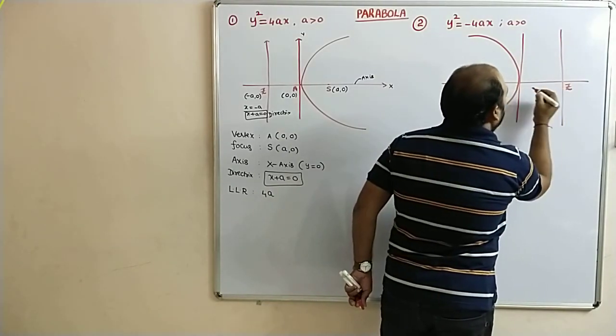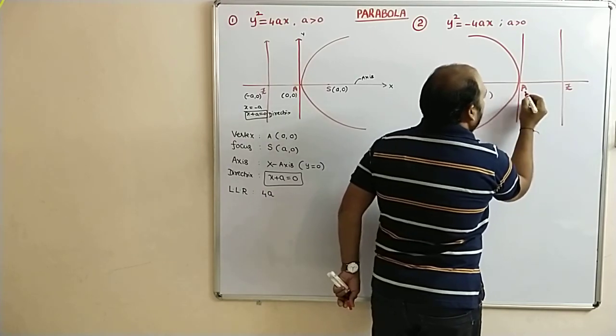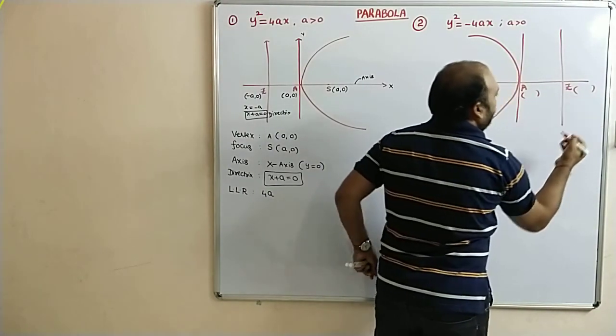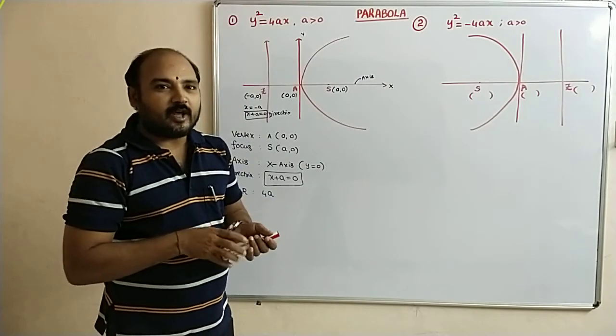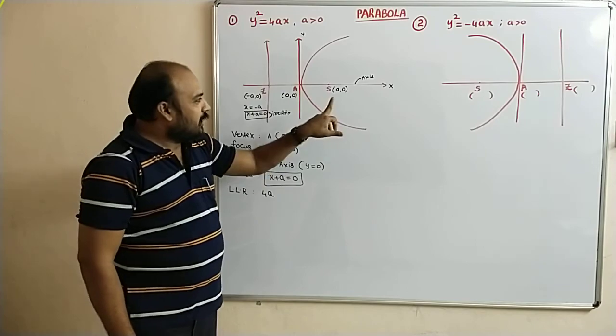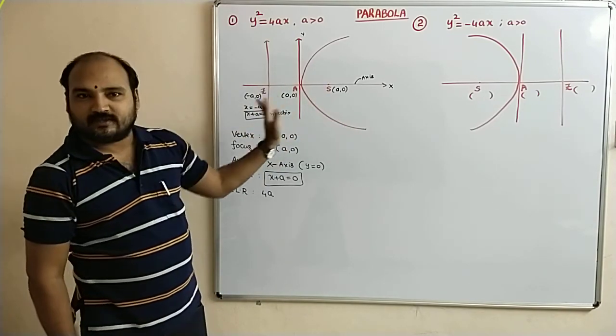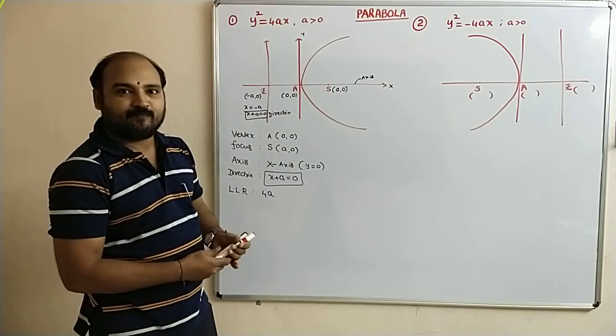This is Z, A and S. Observe carefully this figure as well as the previous figure. Interchanging the points S and Z, their positions will be interchanged.